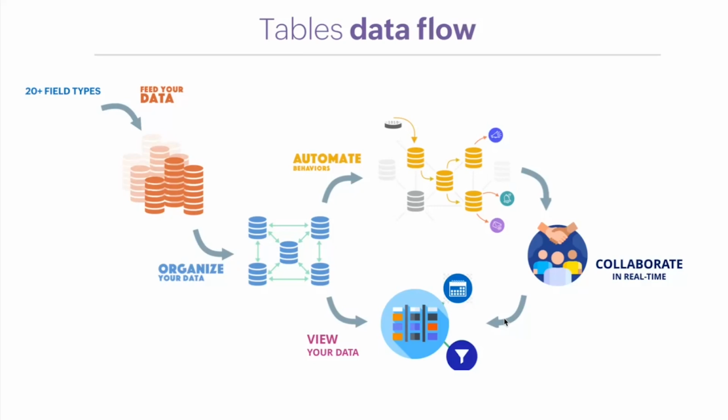And when you feed in your data and organize it, then comes the viewing part. You can view the data in different perspectives or in the way that it matters to you. Zoho Tables comes with five different view types, which we will be seeing in the demo. So once everything is set in place, then you can contextually collaborate with your team in real time using features like the collaborator field type and record comments.